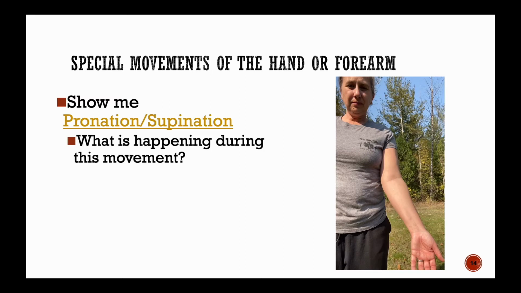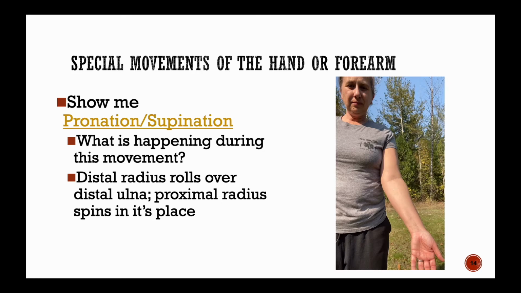I'm going to show you what's happening in that movement in just a moment, but it's essentially the distal end of the radius, which is one of the bones we have in our arm, rolls over the distal end of the ulna, which is the other bone we have. But the proximal side of the radius, the part that's closest to the elbow, actually just spins in place.